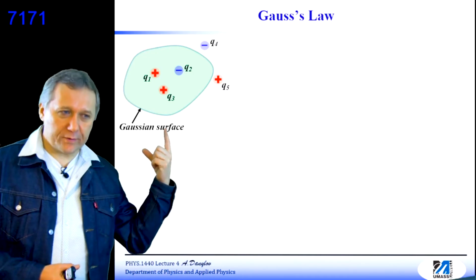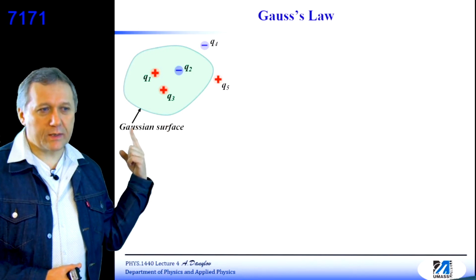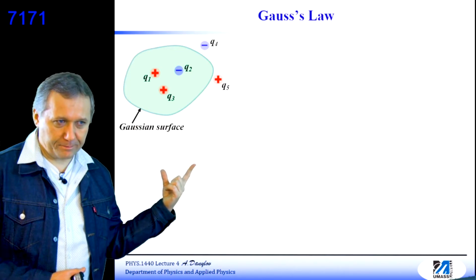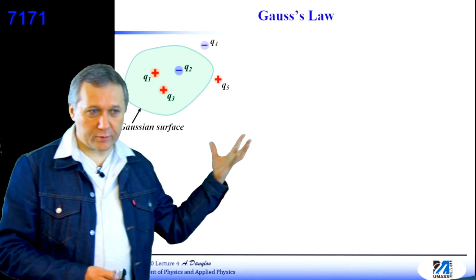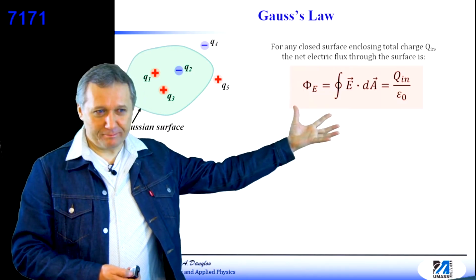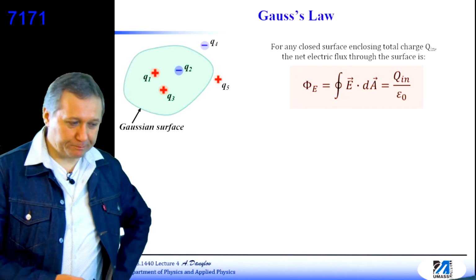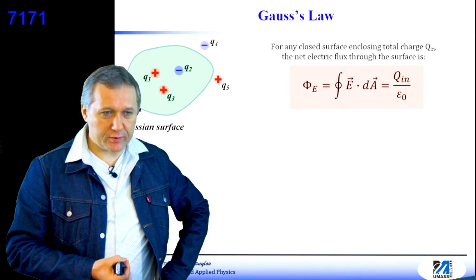Since this surface will be used in Gauss's law, we are going to call it the Gaussian surface. And after that, now we can present Gauss's law. Here it is. So this is the first equation in the set of Maxwell's equations, Gauss's law.